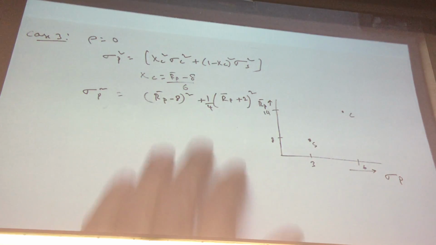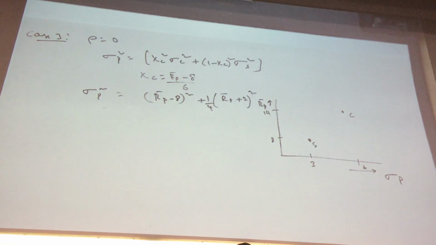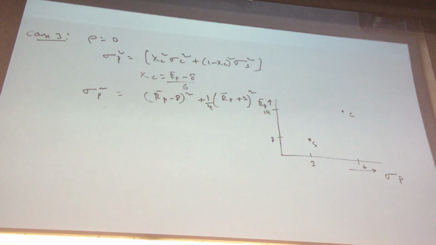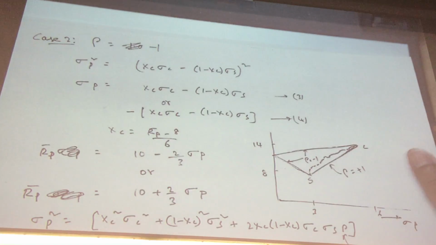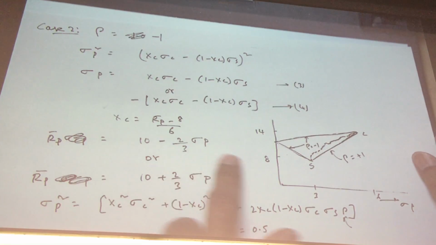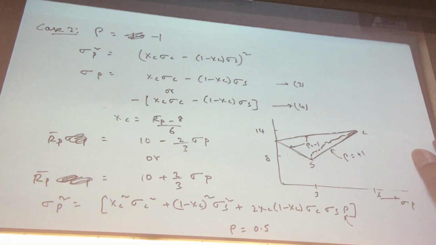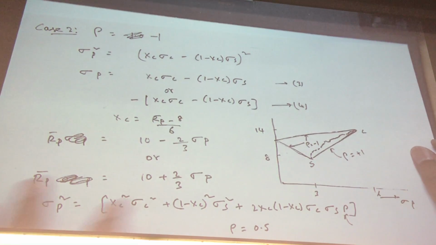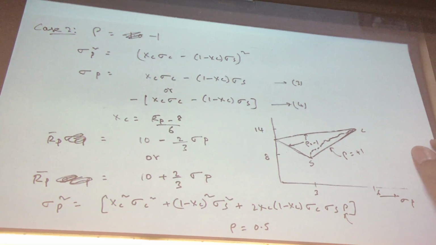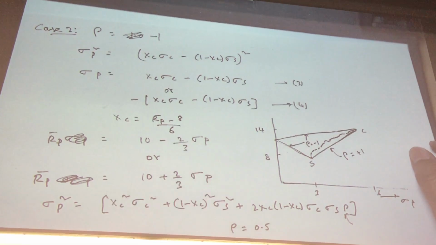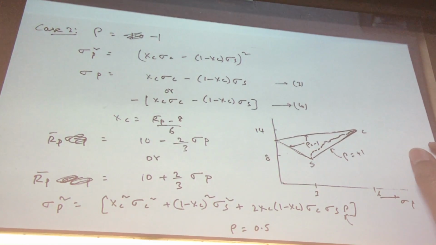How many of you think that this relationship can be expressed as a straight line? In the previous case, when I substituted rho equals -1, I got the following relation between RP and sigma p. Do you think this is a linear relationship? It is a linear relationship, looks like y equals mx plus c. There is no square or square roots or cubes or anything.